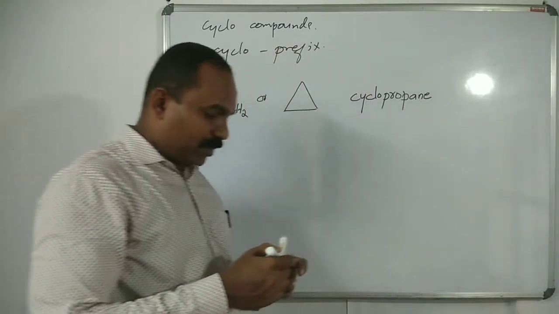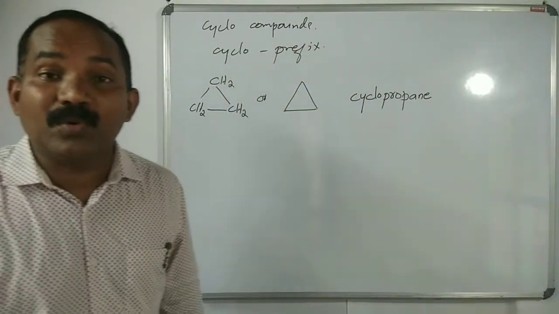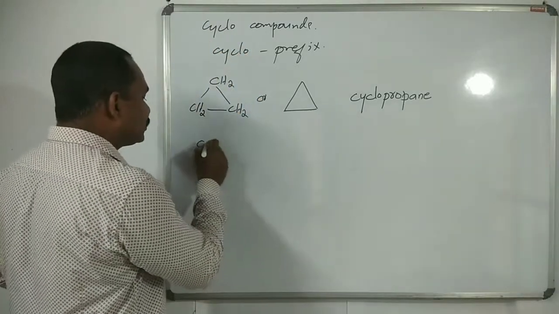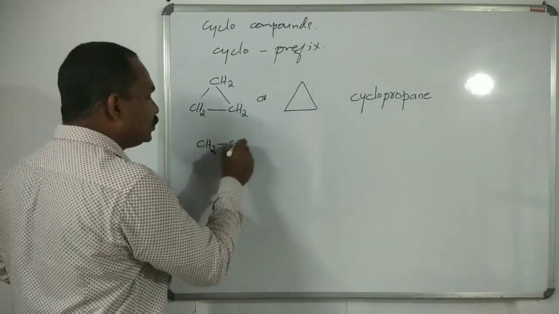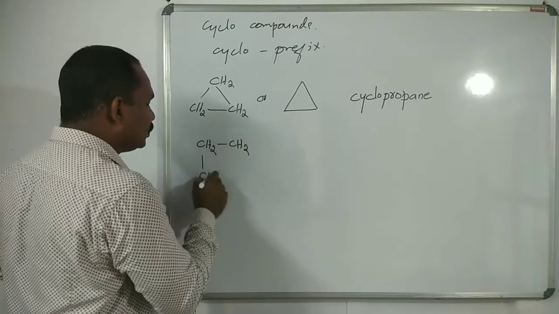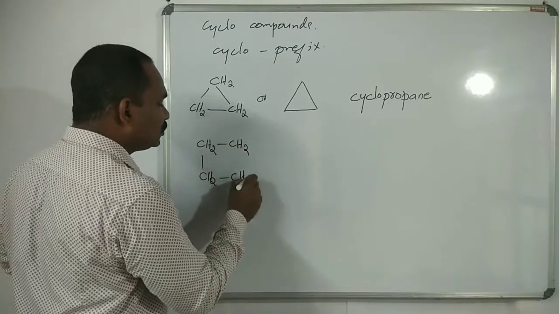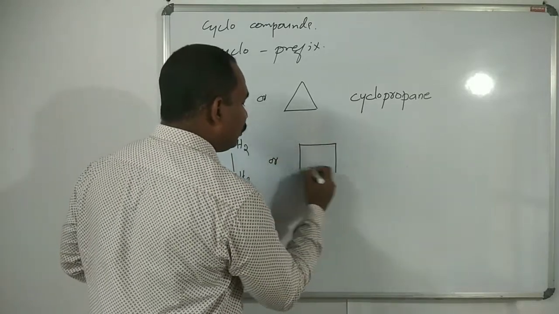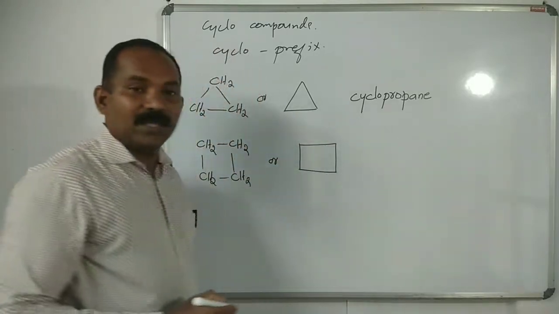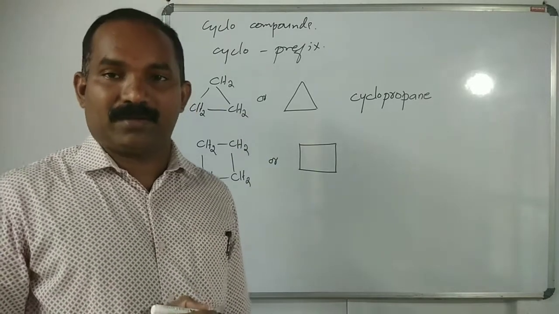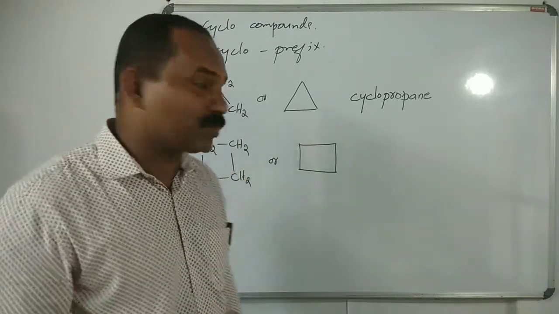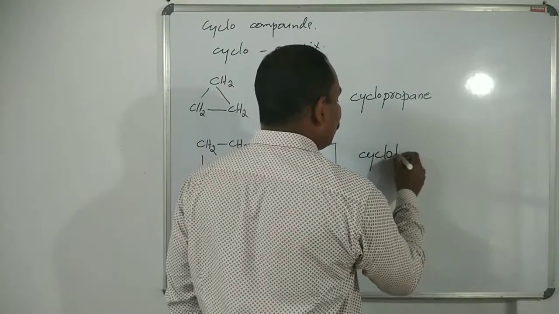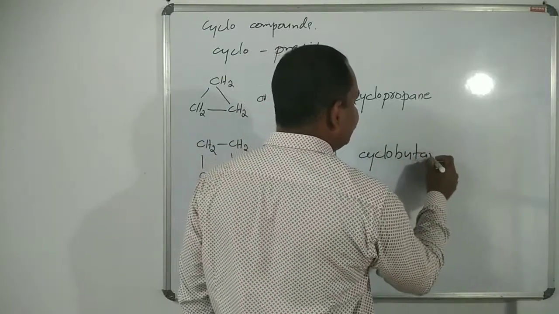What is the name of the compound? Cyclopropane. Then another one is CH2, CH2, CH2, CH2, or the bond line structure is, you draw a square. It is cyclobutane.